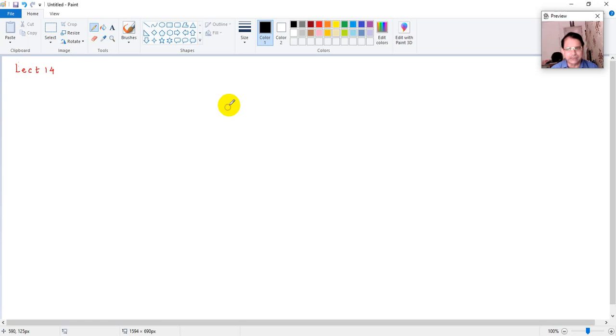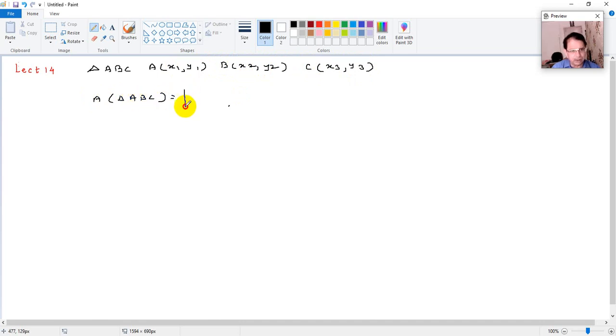Coming to this lecture, as you know, in the previous lecture we have seen that if you have a triangle ABC, and the coordinates of A are x1 comma y1, B is x2 comma y2, and C is x3 comma y3, these being the three vertices of the triangle, then the area of triangle ABC is given by the determinant with rows x1 y1 1, x2 y2 1, and x3 y3 1.